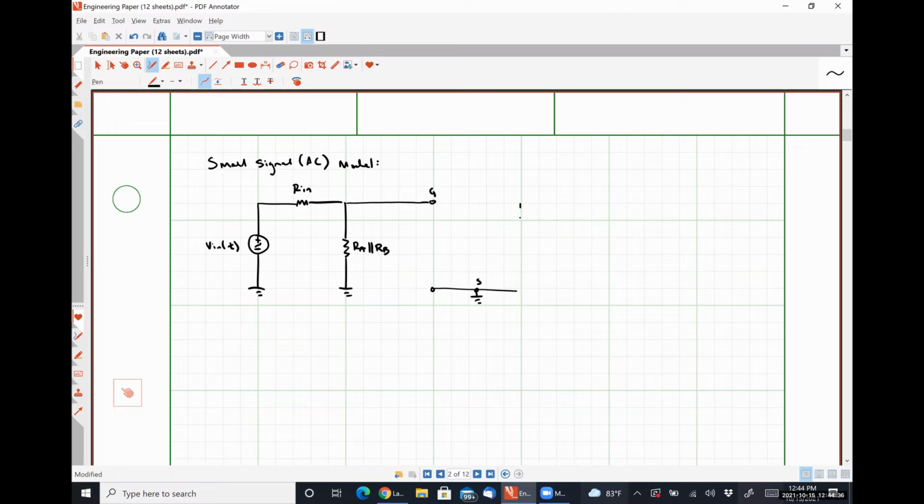This is our source. And so here we'll have gm VGS, where here is VGS. And then on this side, we're going to have our resistor rout, which is the channel length modulation resistance, in parallel with our load resistance RL. This is our drain terminal, and this is the pin where we would take our small signal output voltage.